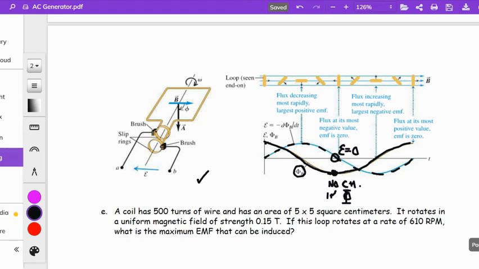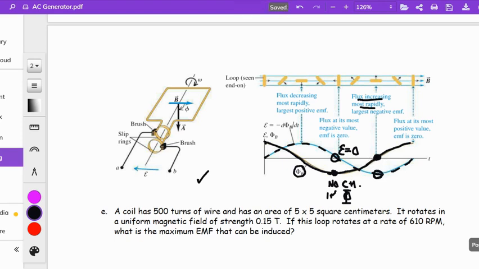If you want to contrast that, look at a place where there's a lot of change in flux. Like, for example, look here. That's where you have a big change in the flux, right? The flux is increasing most rapidly. And as a result, you're going to have the largest EMF right here. It's a big EMF, okay? The EMF is negative here, right?